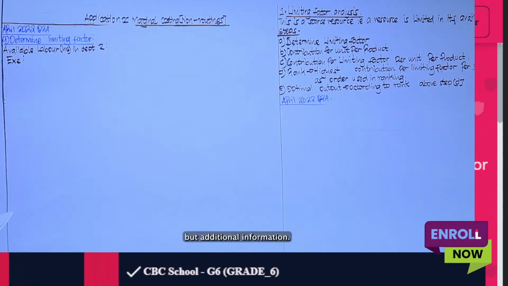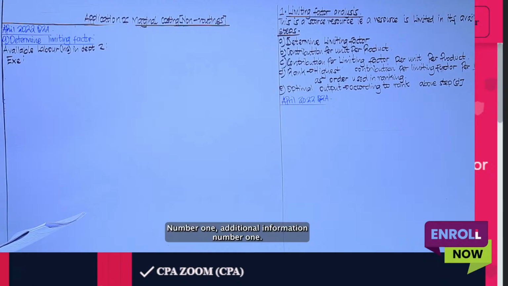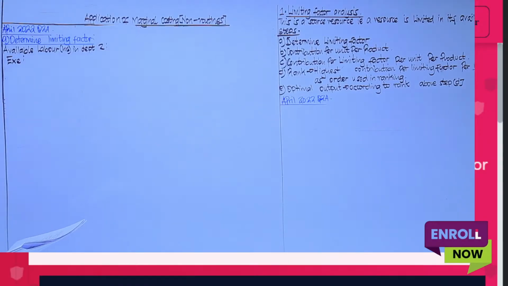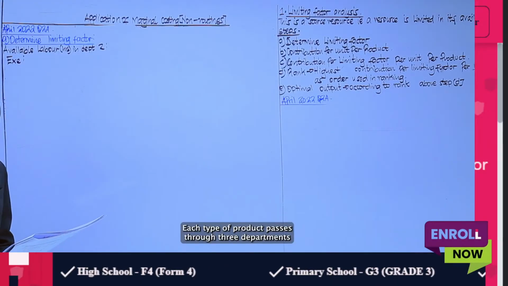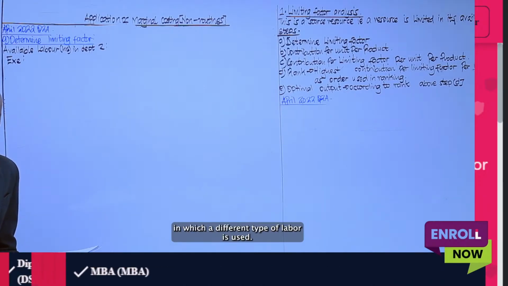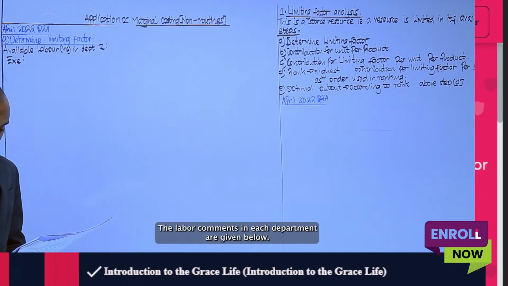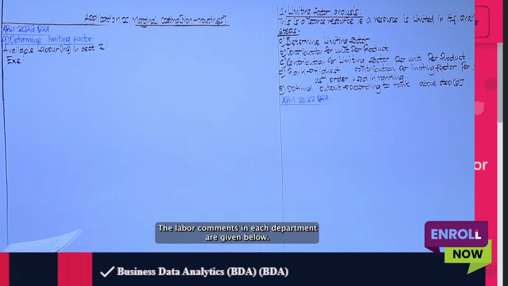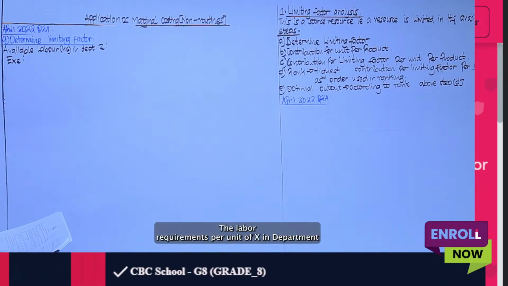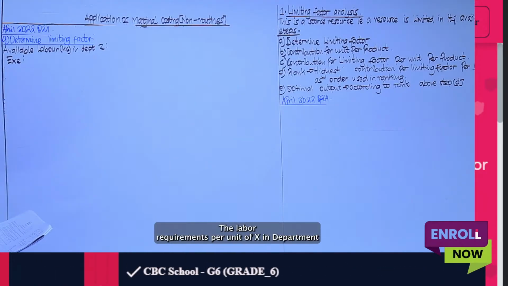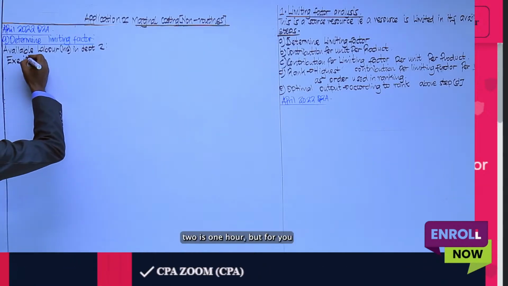But additional information number 1, each type of product passes through 3 departments in which a different type of labor is used. The labor requirements in each department are given below. The labor requirements per unit of X in Department 2 is 1 hour.